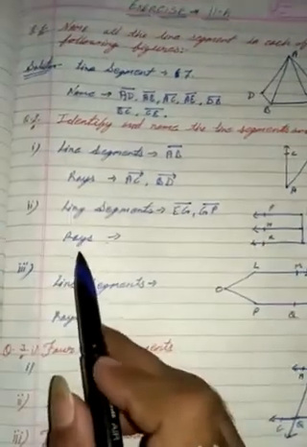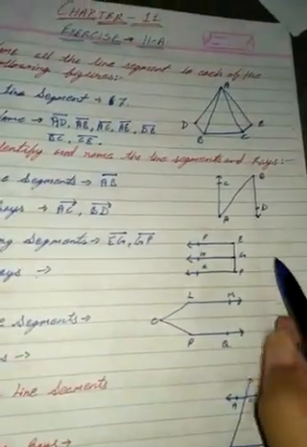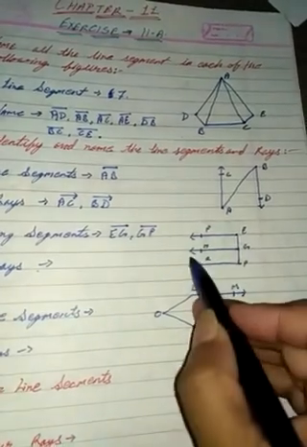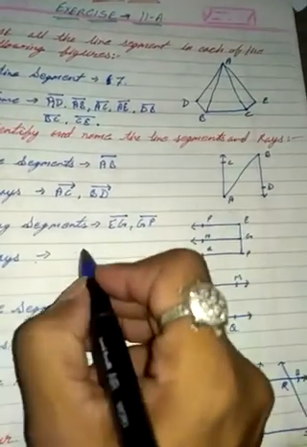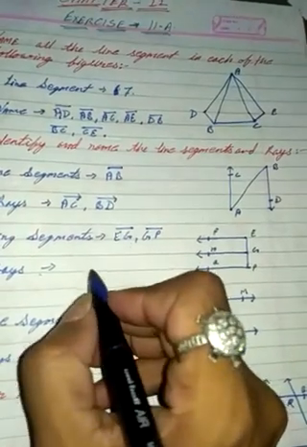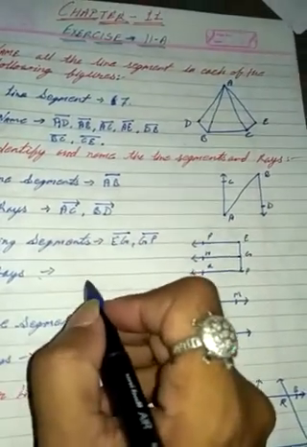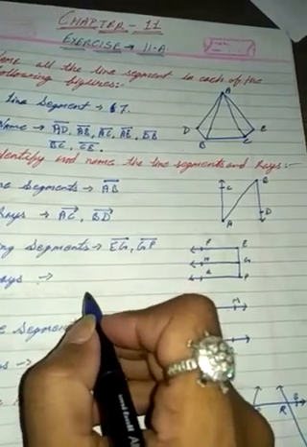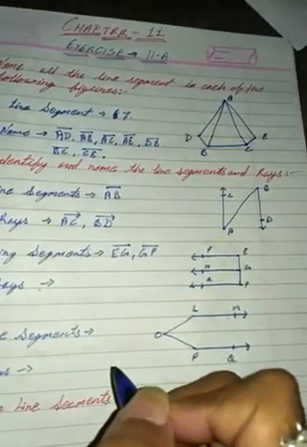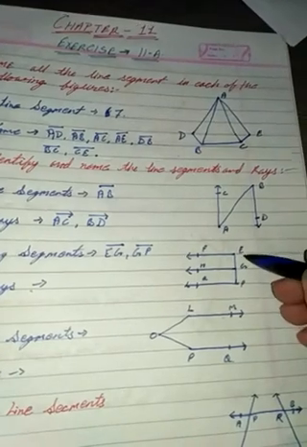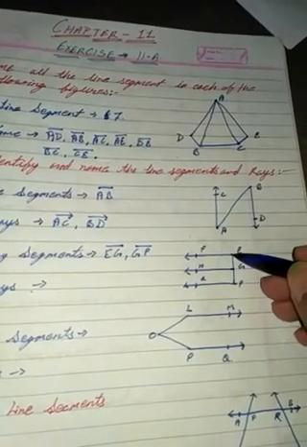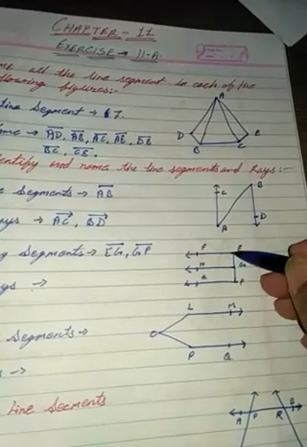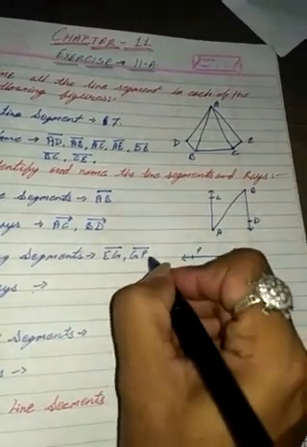Next one, rays. Now how many rays are there? One side dot and one side arrow. 1, 2 and 3. Now write down the names of these. Yes, now there is one more line segment: EG, GP and EP.